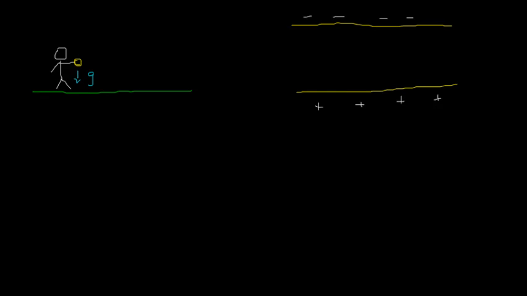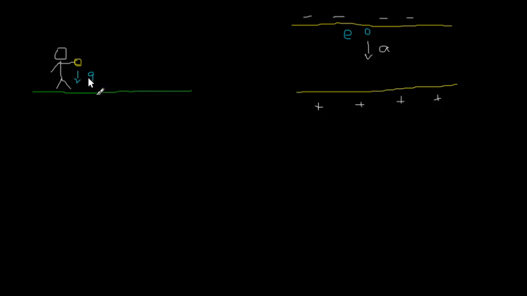Suppose that I have an electron starting from one plate. So that's my electron. Now the electron will be repelled by the negative charges on the top plate and attracted by the positive charges on the bottom plate. So it would also accelerate with a certain acceleration a, which I'd like to find.